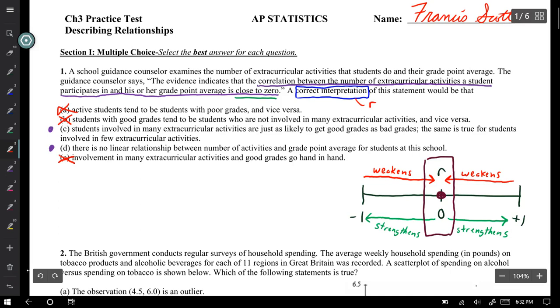It makes it sound like there's no relationship, which you might think sounds right, but it does sound like too much cause and effect, that it doesn't matter which one you're involved in. If I want to interpret R, you are trying to determine the strength of the linear relationship in this case. So the correct answer here is going to be D.